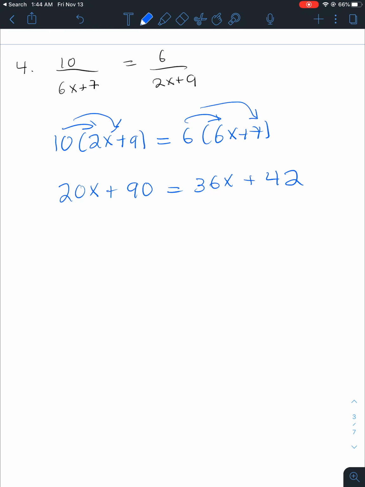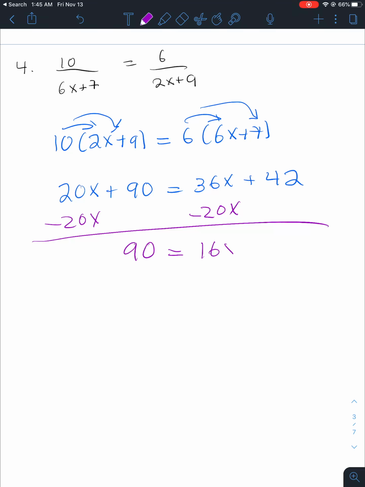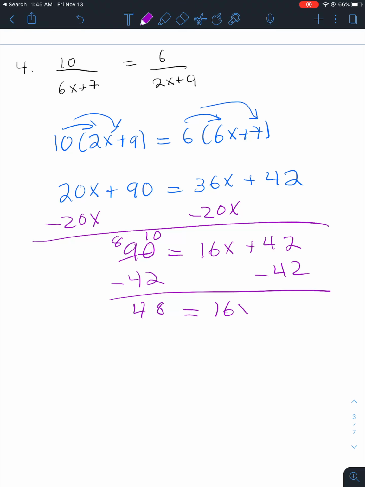I see I have 20x plus 90 equals 36x plus 42. I am going to subtract 20x from both sides, and I get 90 equals 16x plus 42. I'm going to subtract 42. And if I do that, that becomes 10, that becomes 8. So I get 48 equals 16x. Then divide both sides by 16. And I get x equals 3.